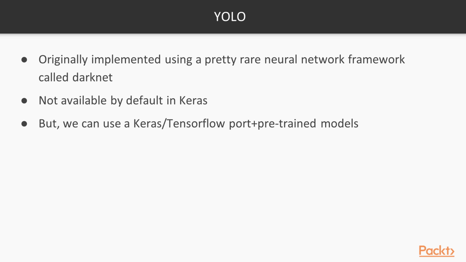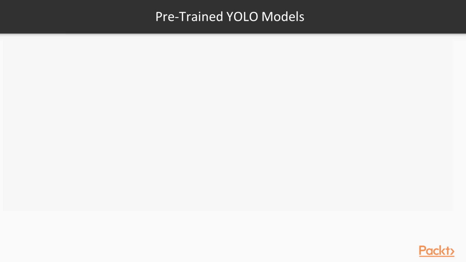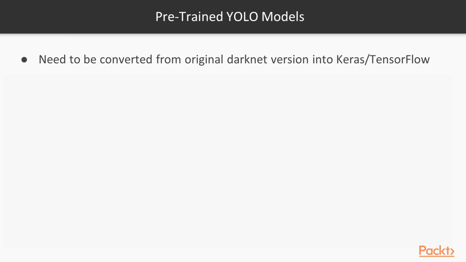So what kind of pre-trained YOLO models do we have? The first thing to know about those models is that they need to be converted from the original Darknet version. Our Keras TensorFlow port actually has tools that will allow us to do that. There are a couple of versions of those models depending on the size of the model, speed and accuracy that we want to get.